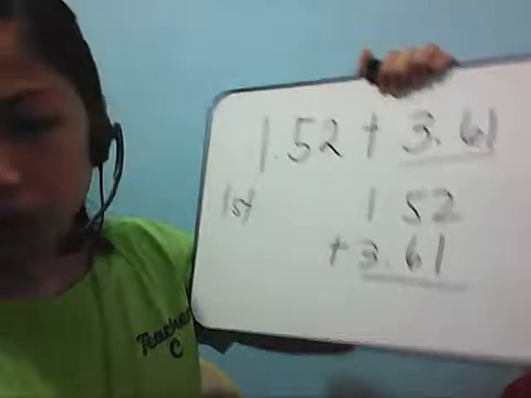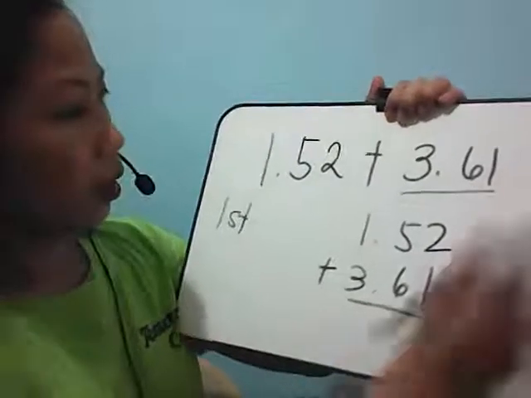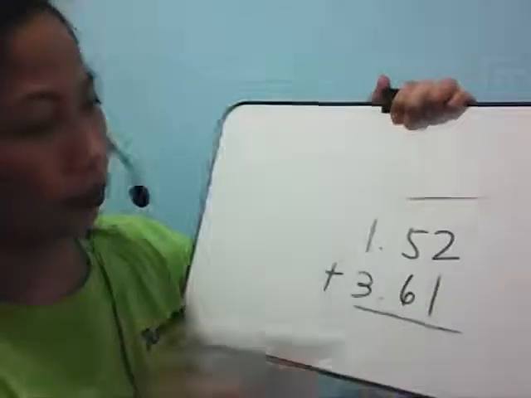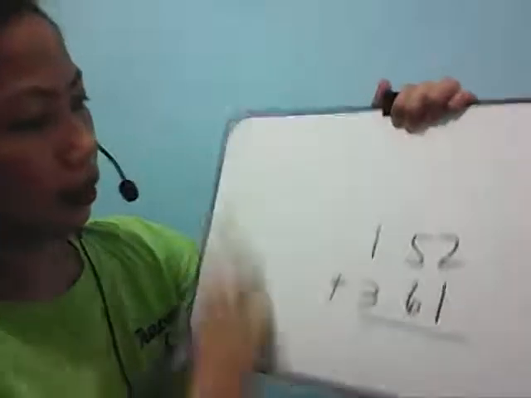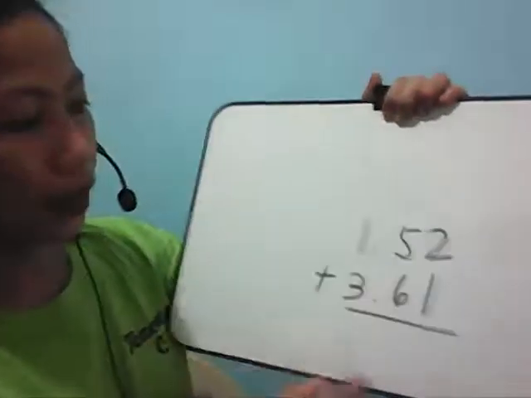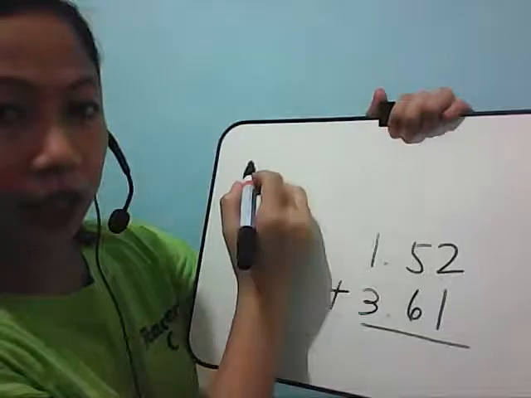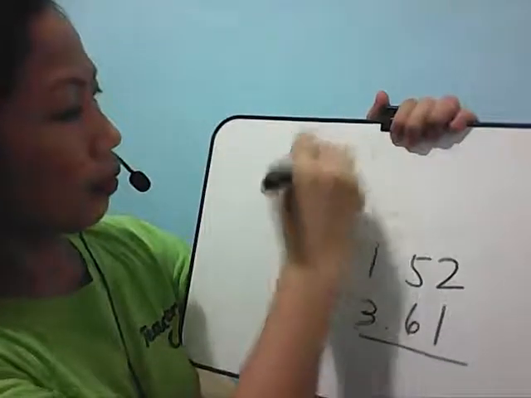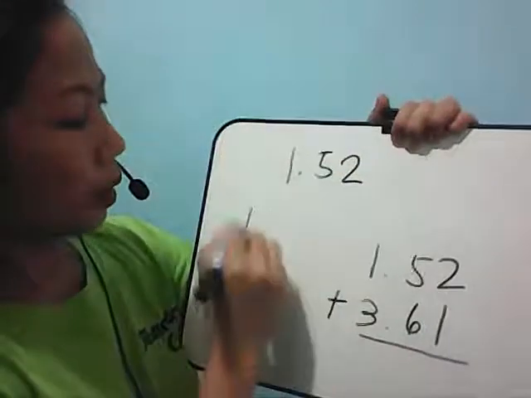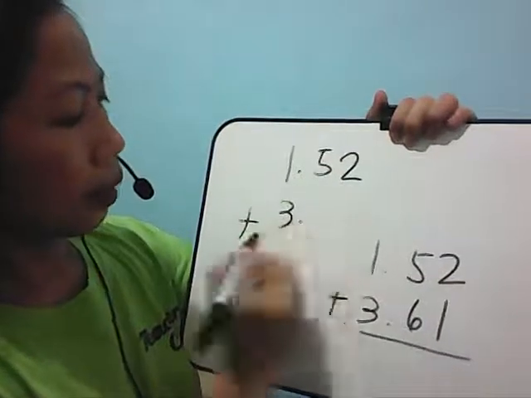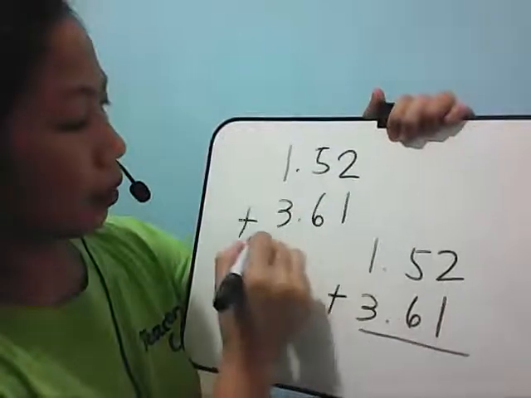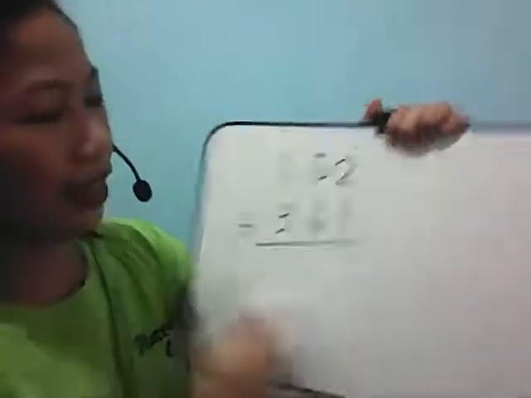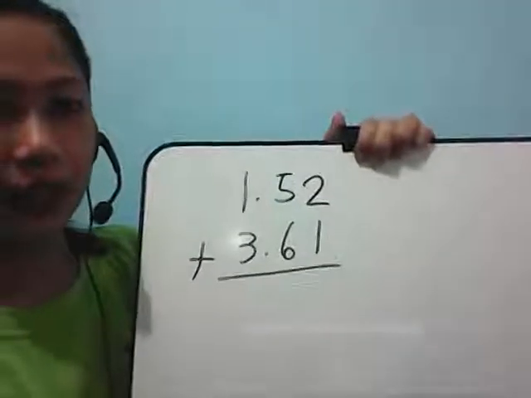Let's move it here kasi hindi kasha. Okay, let's rewrite it. Kasi hindi kasha eh. 1.52 plus 3.61. Alright. Hindi kasha. Ayan siya. Okay, let's solve.